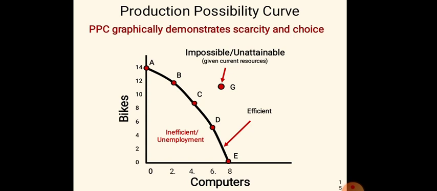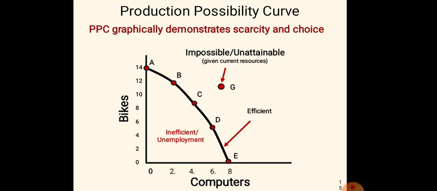Again, if we move from point B to C and C to D and again from D to E in a similar fashion, it implies that we are transferring resources from production of bikes to production of computers, thereby reducing production of bikes and increasing production of computers.